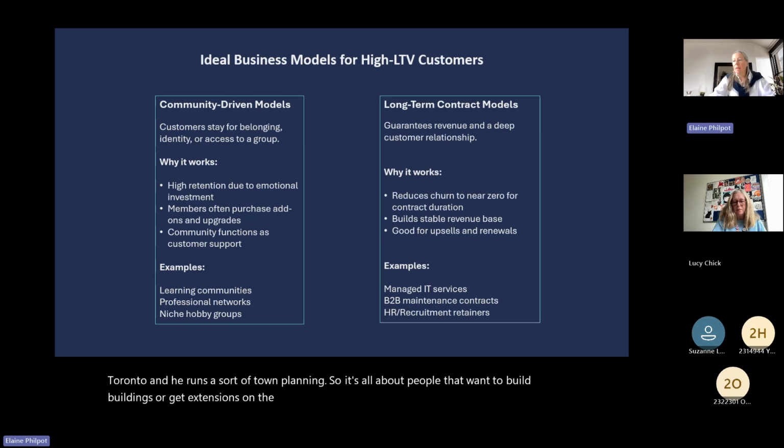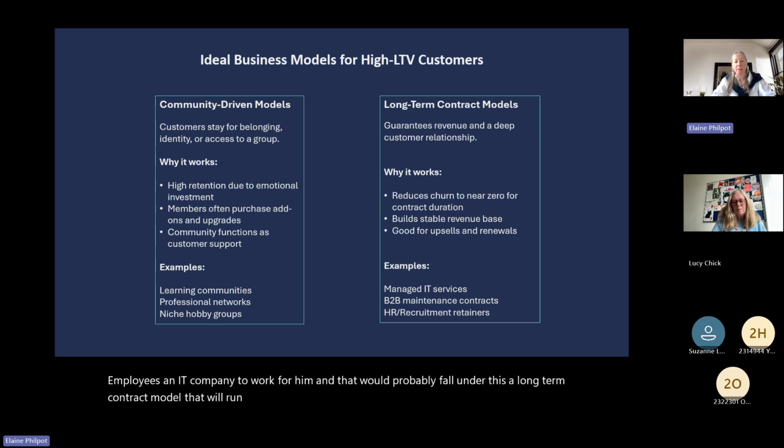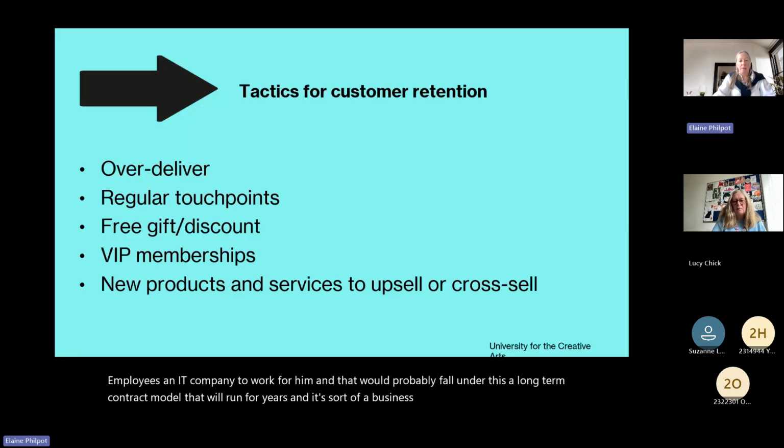And he needs to make sure that the people that are based in the UK that work for him have IT, and all their IT is set up because they don't have an office. So he employs an IT company to work for him, and that would probably fall under this long-term contract model that will run for years, and it's business to business. So there's just a few ideas.